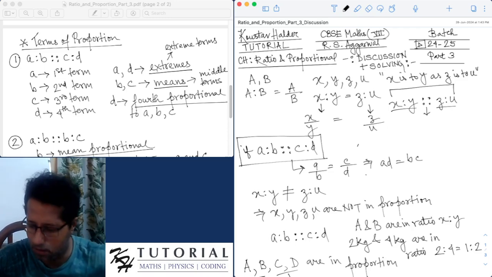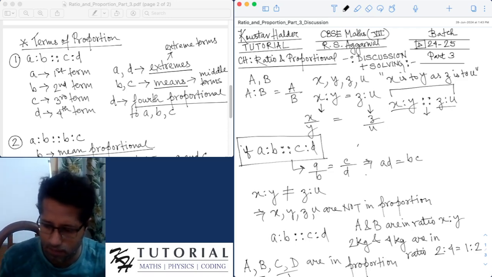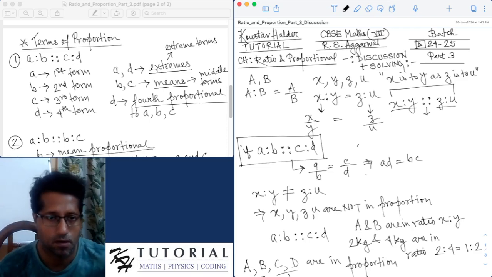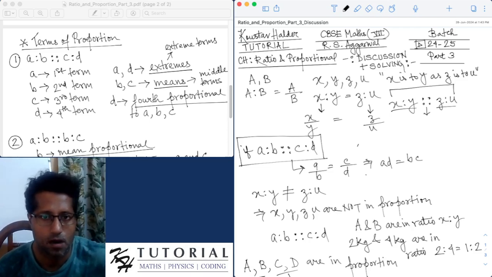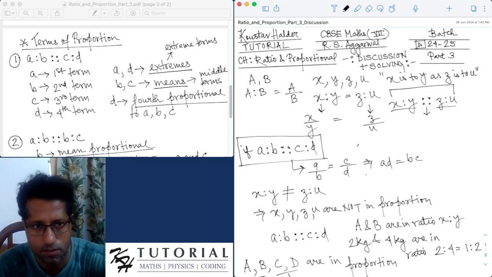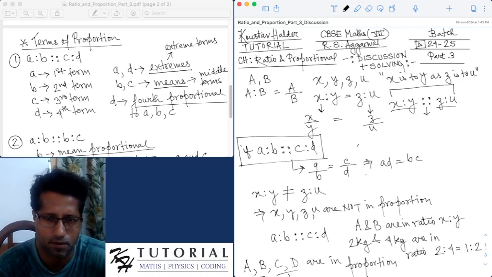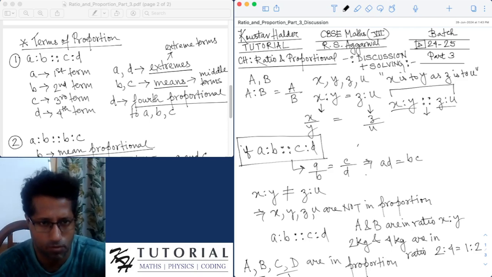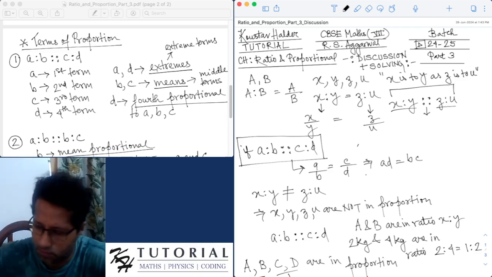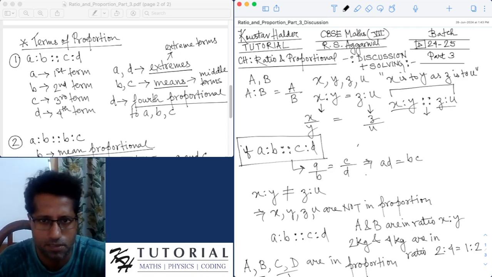But there are some special names given to some of these terms. A is the leftmost term and D is the rightmost term. A and D are known as extremes or extreme terms. Similarly, the middle 2 terms B and C are known as means or middle terms.